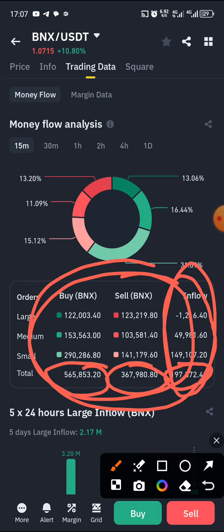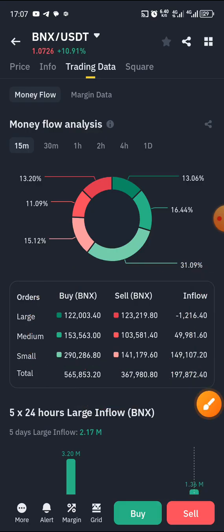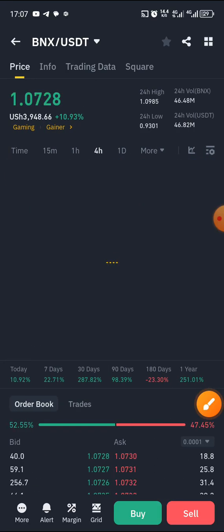And that is through using the indicators. What does the indicators show?